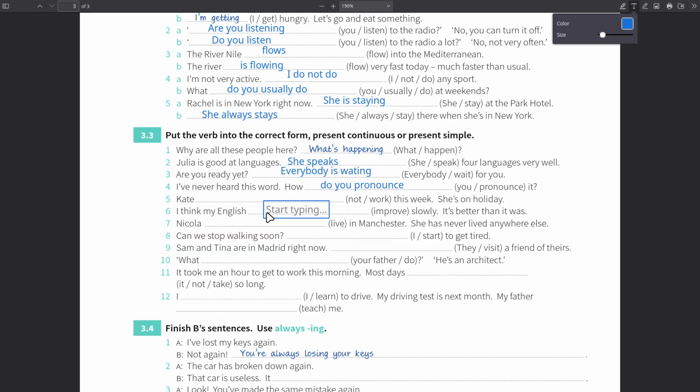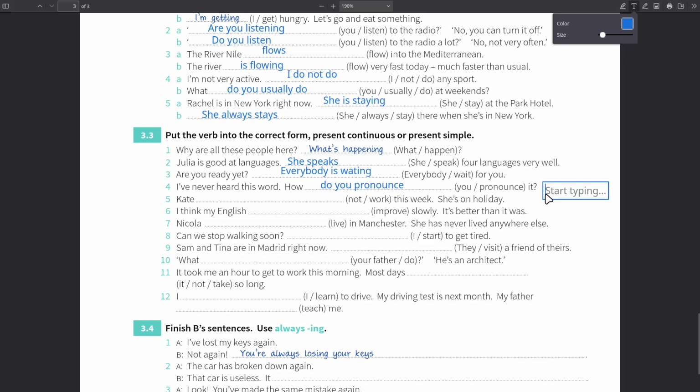Kate not work this week. She's on holiday. Okay, let's analyze. Look at this part of the sentence. She's on holidays. We're talking about that she's on holidays right now because we have this part of the sentence that says on.